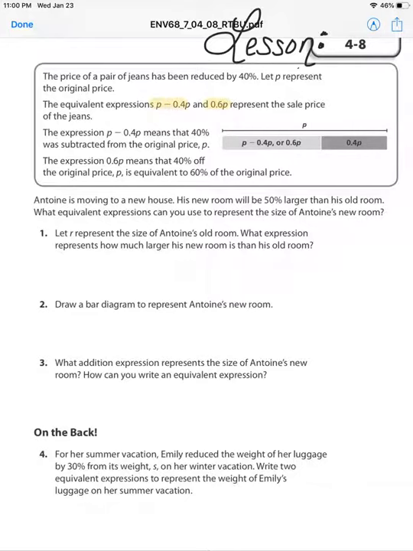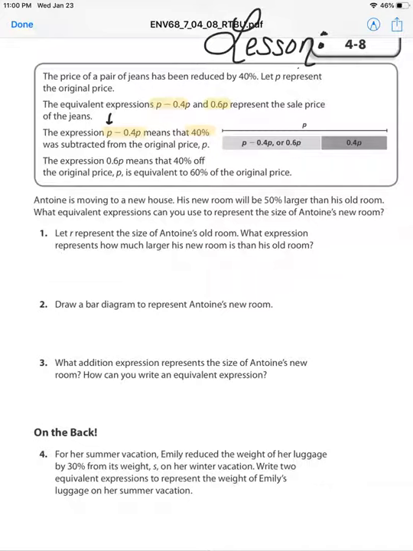The first way that we're showing it, the expression P minus 0.4P, means that 40% was subtracted from the original price. Remember, the original price was P, and we're subtracting 40%.